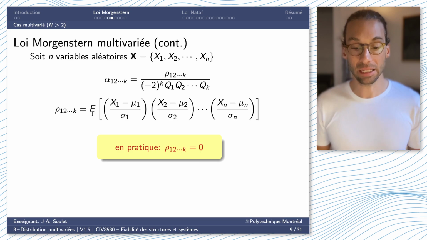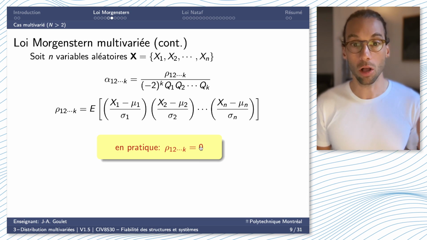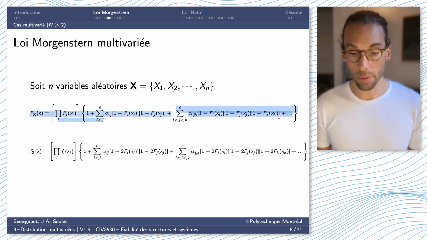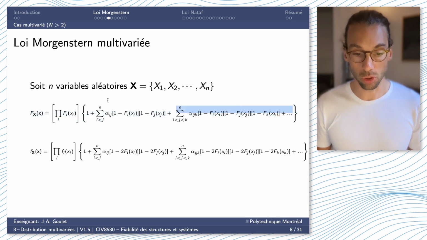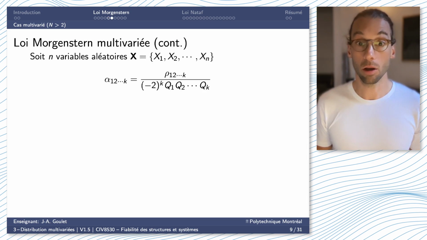In practice, that correlation coefficient with more than 2 terms is assumed to be 0. So all these higher order terms will drop in the formulation of Morgenstern, and we're just left with the sum over these pairs of terms.